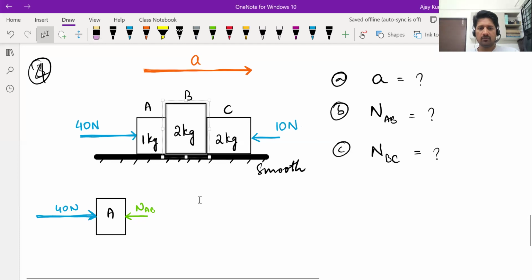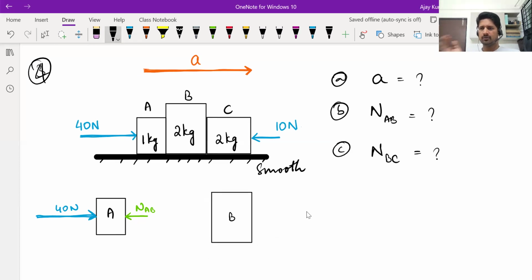Next, Vanilla, tell me what forces act on B? Horizontal forces. NAB and NBC, sir. Okay. From A, there will be a normal force. From C also, there will be a normal force. From A, it will be to the right. Its magnitude is NAB itself.